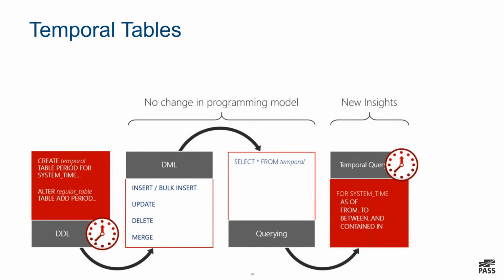If I just select star from my table, I will get everything up to date. What are the current records in my data? But if I want to see what the data was a year ago, then I have some options, for example, select star from this table for system time as of that specific date. So these are new features that help me get some new insight out of my temporal tables.